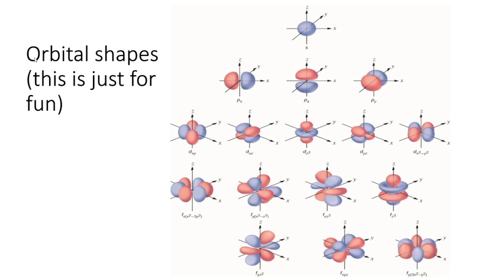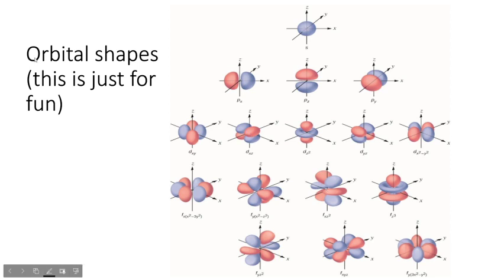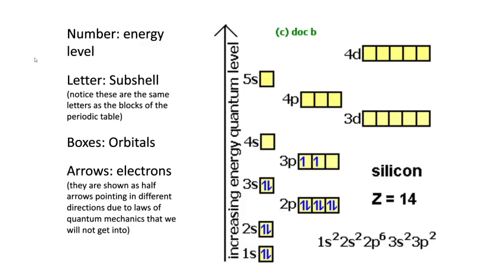So this is what the orbitals actually look like, where you are most likely to find an electron around the nucleus. So you can always imagine the nucleus just kind of being at the center of each of these, somewhere right in there, and that you've got this crazy three-dimensional stuff going on around the nucleus where the electrons are existing. Don't worry too much about this. I just kind of wanted to show you what the orbitals around the nucleus actually look like.